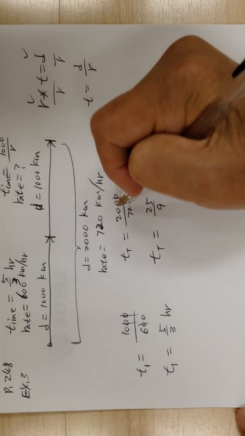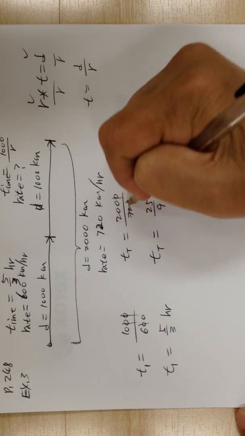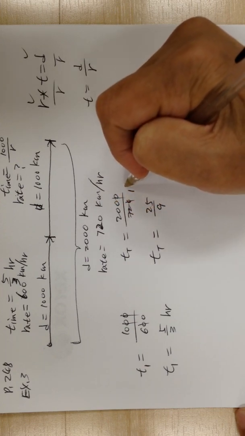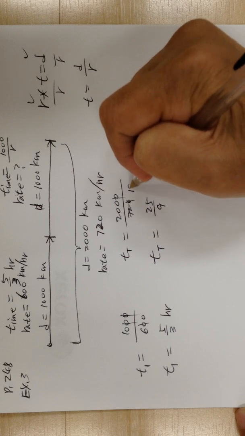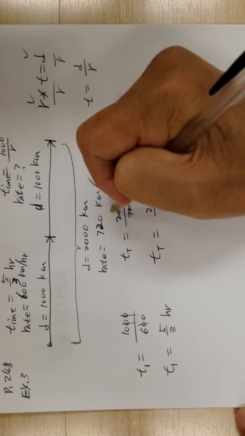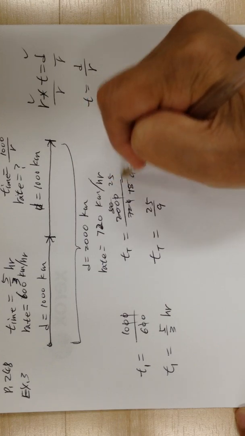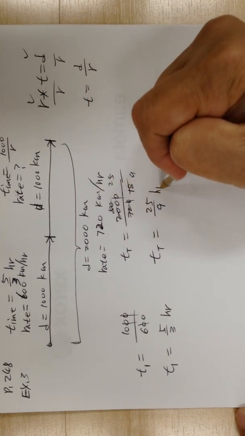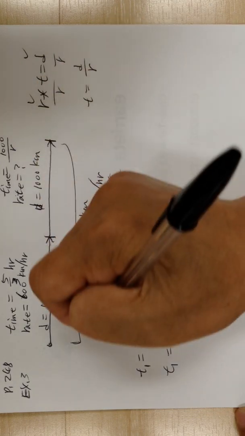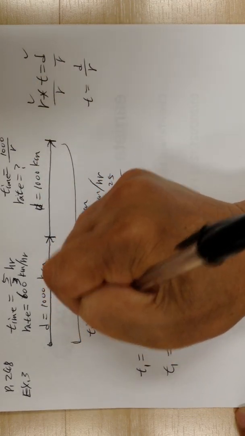If you divide by 4, and 8 divided by 4, you get 50, and divide by 2, you get 25 and 9. So the total time will equal 25/9.